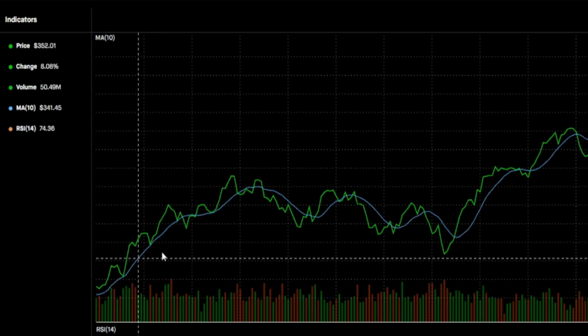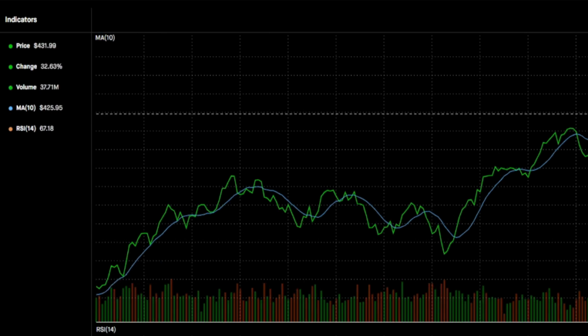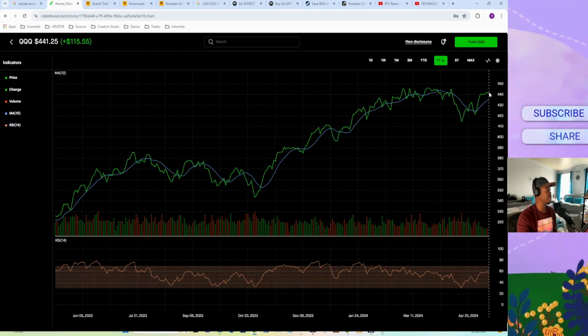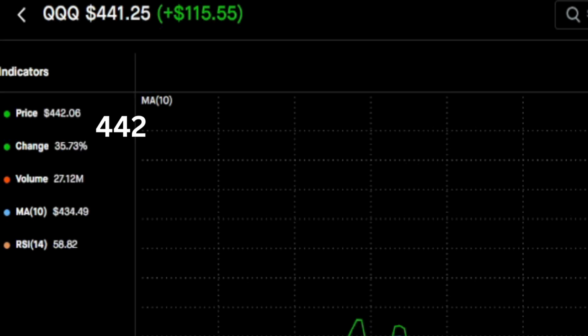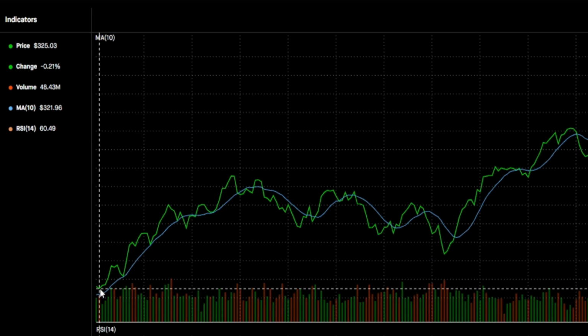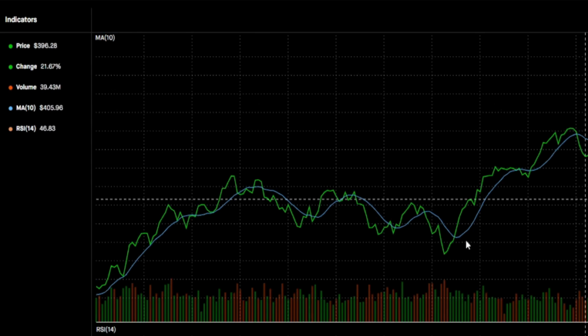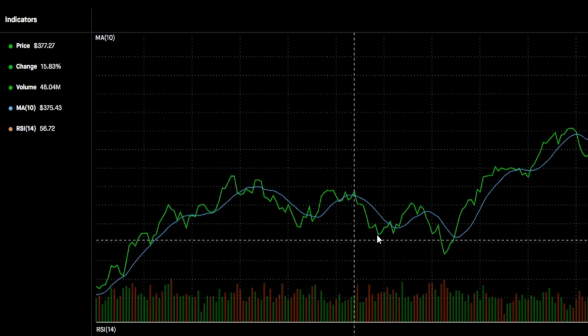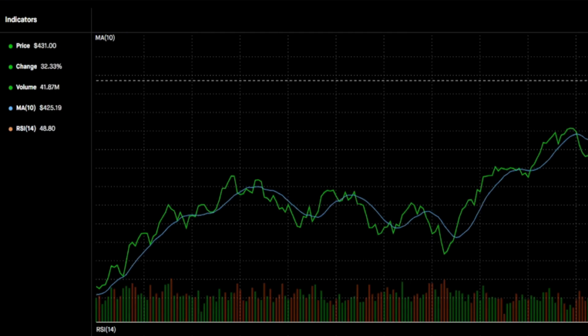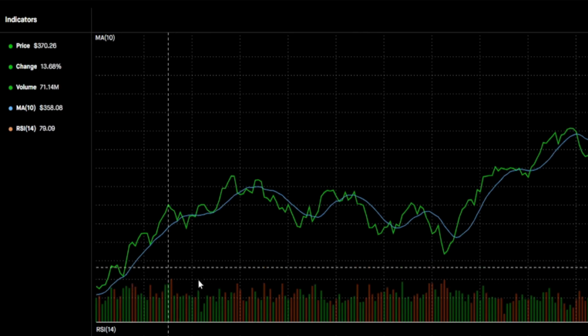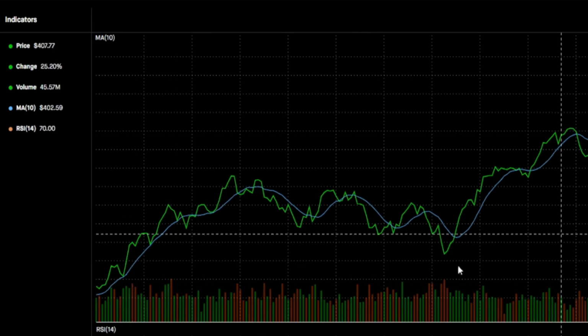Now QQQ as of today has gone up all the way to 442. A year ago it was 325, and now it's at 441. So it has drastically been increasing, moving up, little by little.